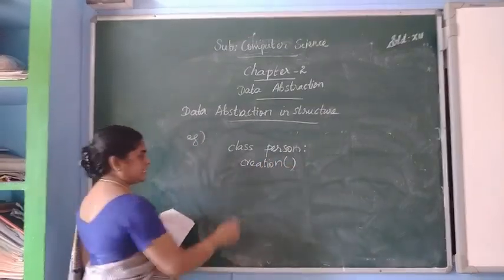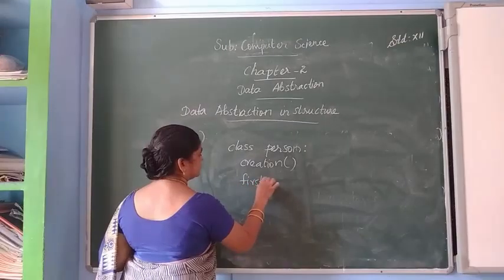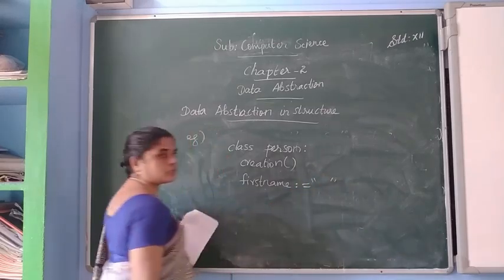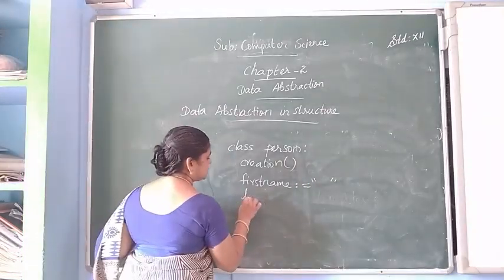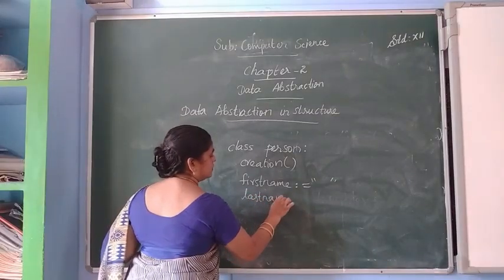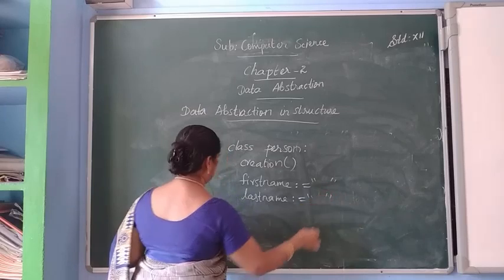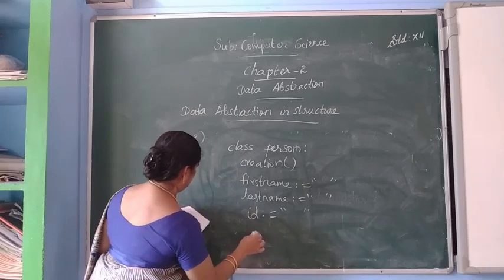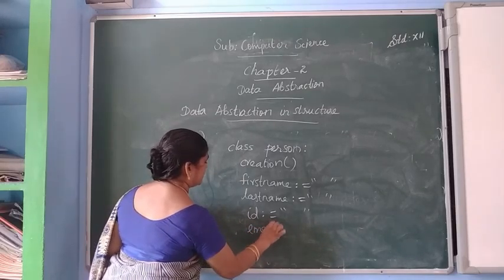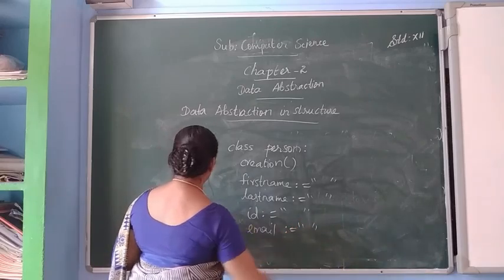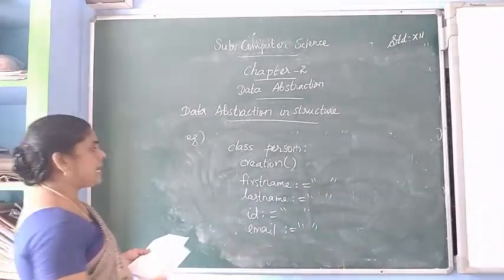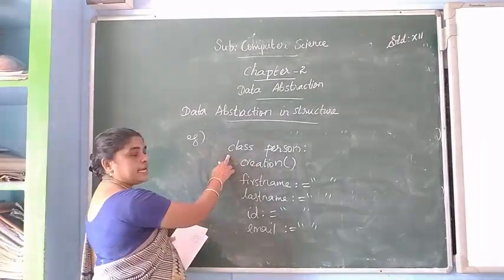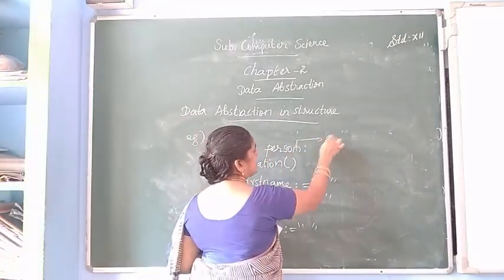The next, first name, colon, equal to, double quotes must be given. The next one, last name, colon, equal to double quotes. The next, ID, colon, equal to double quotes. Then email, colon, equal to double quotes. Okay. See here, what is the class name? Person. This is a program. Each and every program is a class. This person is the class name.